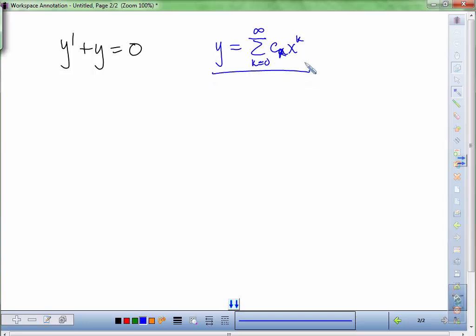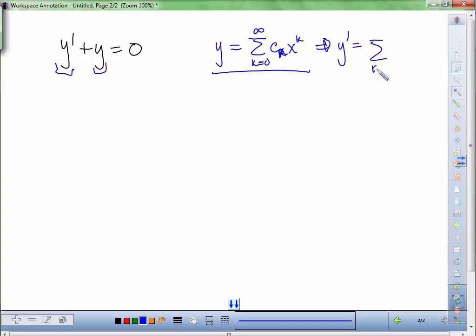So we're going to assume that your function, your solution, is a power series that looks like this. And according to this differential equation, we need to figure out what y prime is. We had practice in taking derivatives of series.